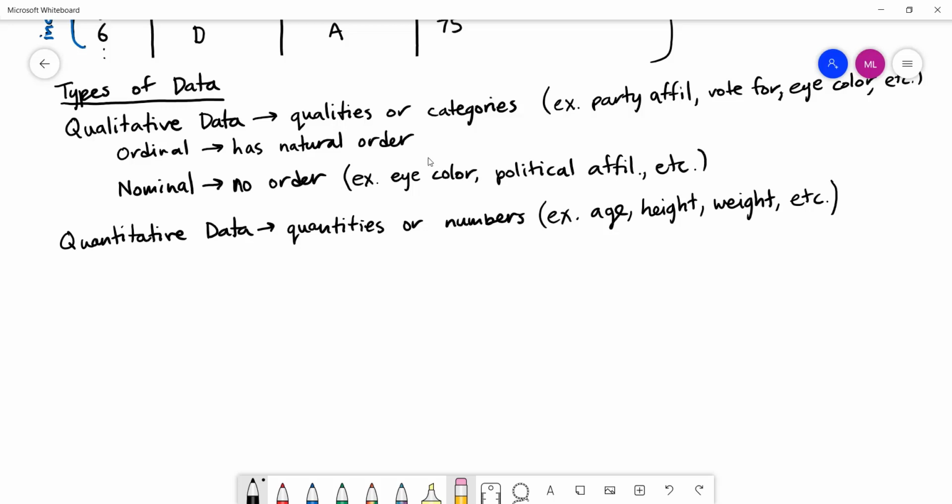So it's harder to come up with ones that do have a natural order. But some easy examples of this are things like letter grade. Again, it's not a number. A is better than B, is better than C, is better than D, and so on. So letter grade, there's a natural order. Maybe drink size or t-shirt size, large, medium, small.